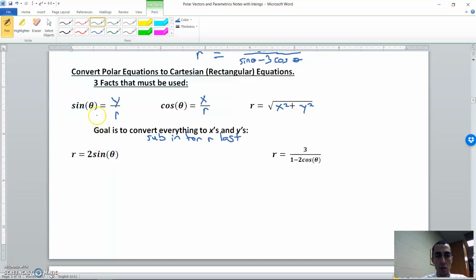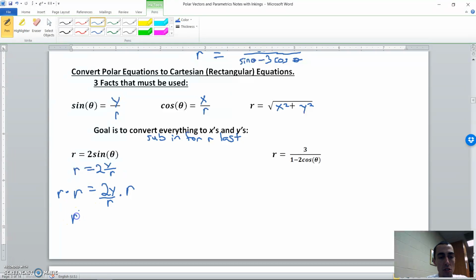Now sine of theta we see as y over r, so that would be 2 times y over r. Now we can multiply this whole number 2 by this fraction on the right side, and that's going to be 2y over r equals r. Now this r is in the denominator, so I'm going to multiply both sides by r, and that's going to undo that divide by r on the right side.